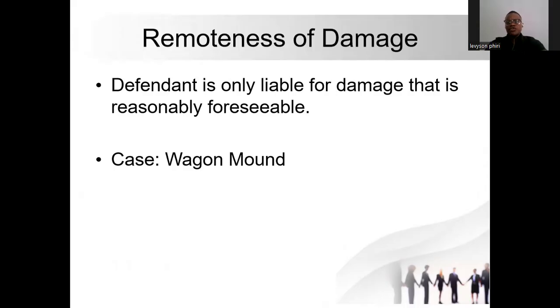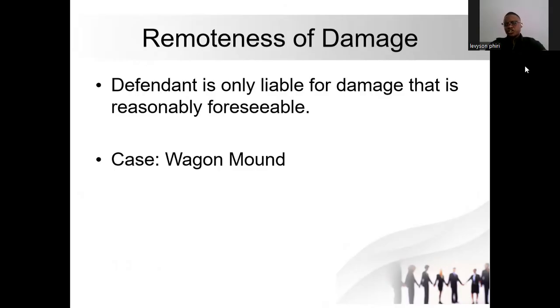So, remoteness of damage. When we're talking about remoteness of damage, we are just saying that the defendant is only liable for damage that is reasonably foreseeable.